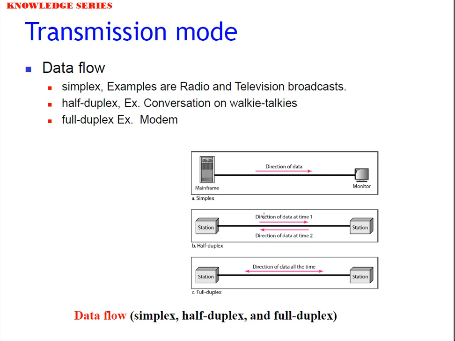In this half duplex form of communication, we occupy the complete capacity. Capacity means the complete bandwidth of the signal, because one time this is transmitting, another time the other is transmitting. So you are occupying the entire capacity of the transmission medium during the time of transmission.